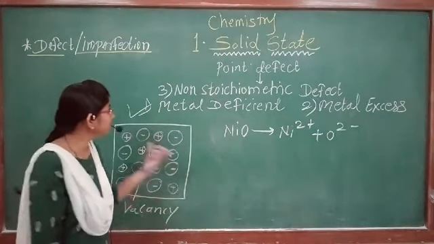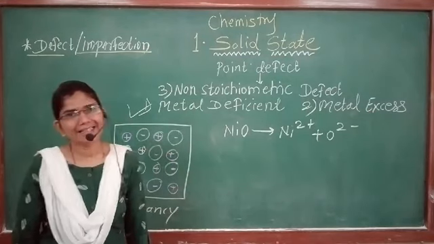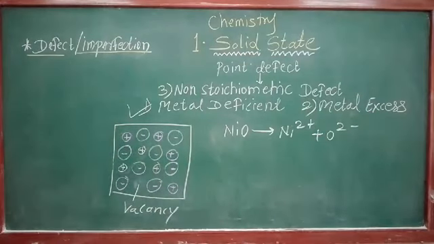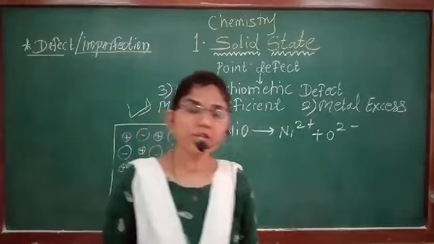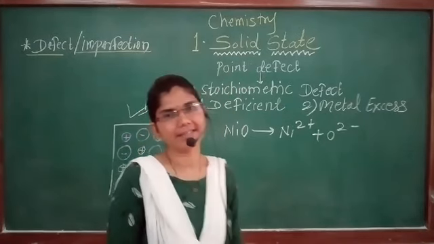But this metal deficient defect arises when there is a possibility of this defect only in a compound of a metal that shows variable oxidation state. It means this metal deficient defect is possible only in those compounds in which the metal shows variable oxidation states.